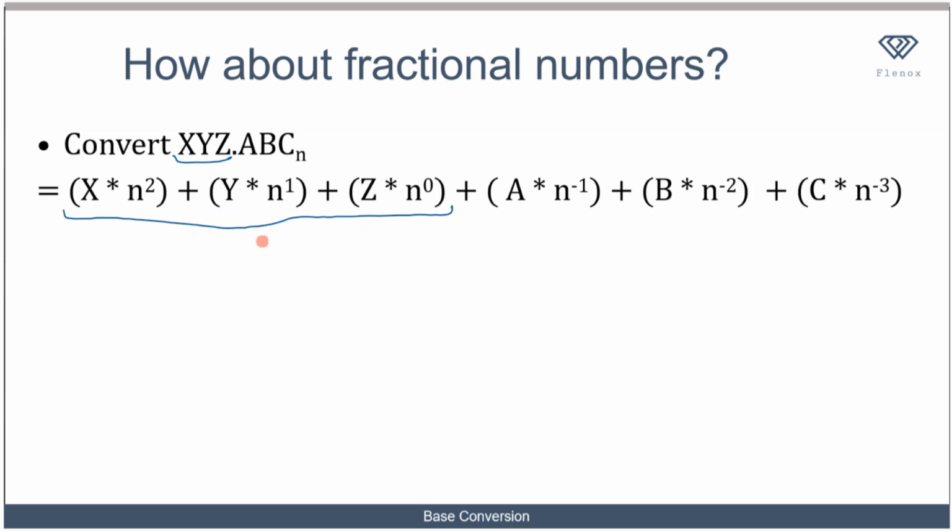And to recall, n raised to the power minus 1 is the same thing as 1 over n. So n raised to the power minus 2 is the same thing as 1 over n squared. So similarly, n raised to the power of any number, let's say minus x, will just be equal to 1 over n raised to the power x. So I hope you remember this.